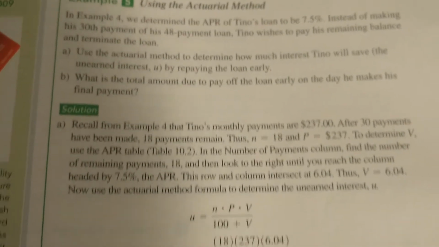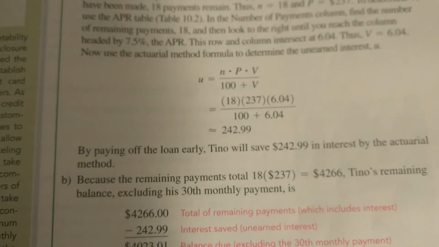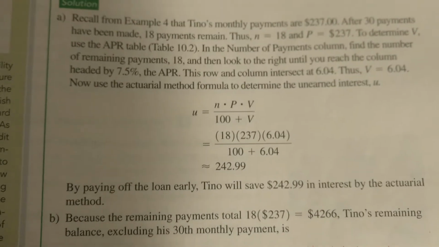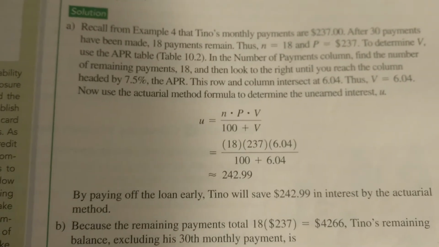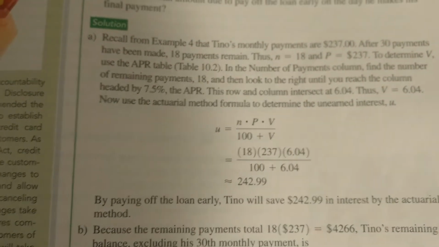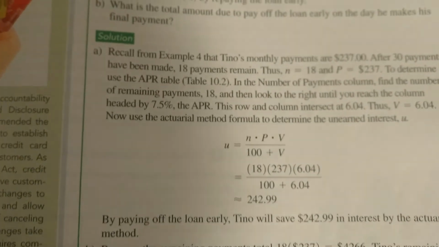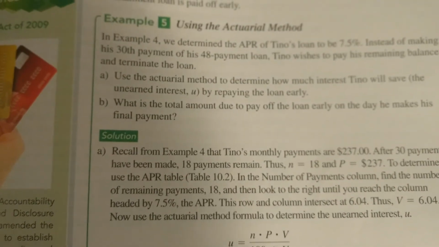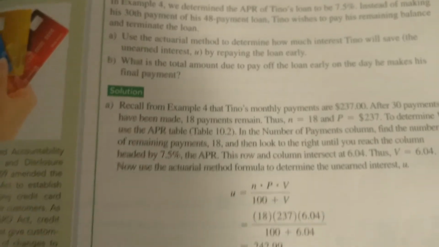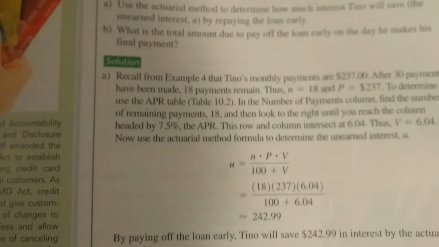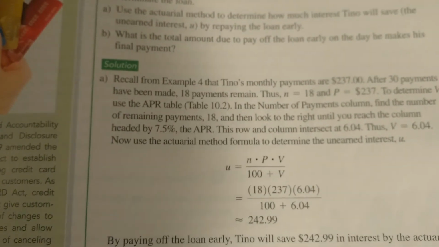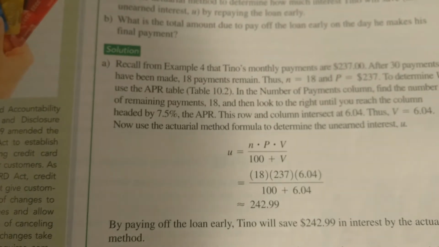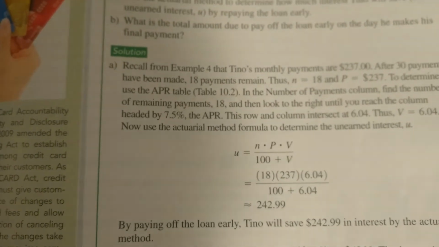All right, so we're going to use that formula. And remember, in terms of this, N represents the number of remaining monthly payments. So if he's made the 30th payment, he's got 18 payments left. Remember that P represents the monthly payment, which was $237.